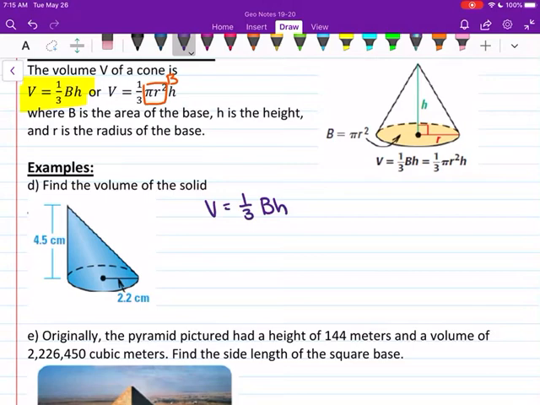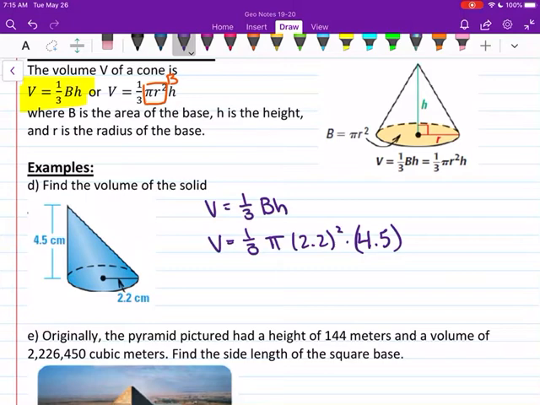And my area of the base formula is pi r squared since it's a circle. So my volume equals 1/3 times pi, and then 2.2 squared, times the height of this oblique cylinder, which is 4.5. So I can just plug that whole mess into my calculator.